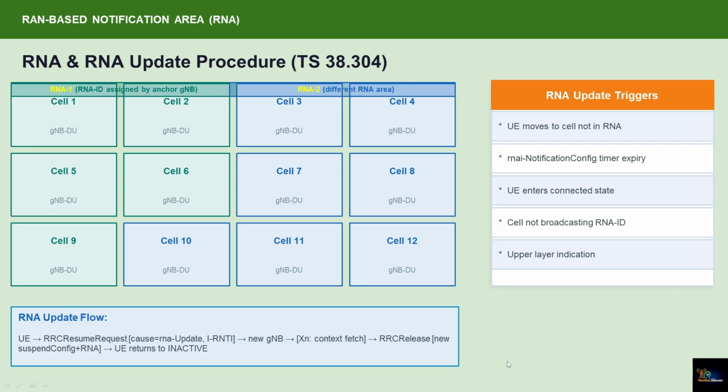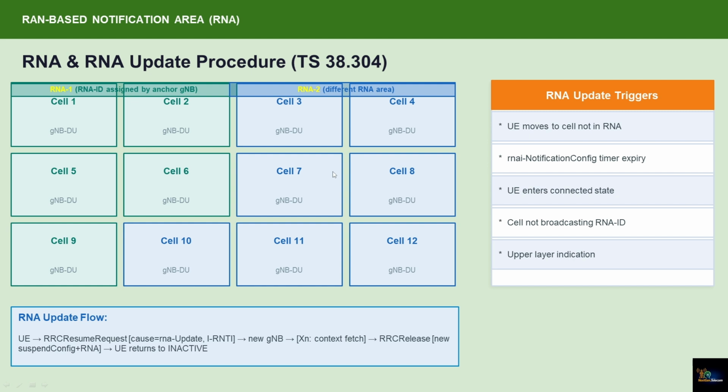Now, RAN-based notification area: the RNA and the RNA update procedure, how it works. Suppose I am in the cell 1 area. Cell 1 comes under RNA1, which is my anchor gNodeB. Suppose in my anchor gNodeB, cell 1, cell 2, cell 5, cell 6 and cell 9 are in one anchor gNodeB, meaning one RNA.